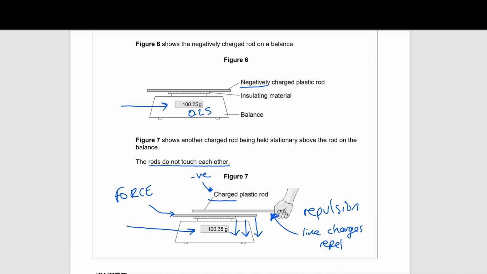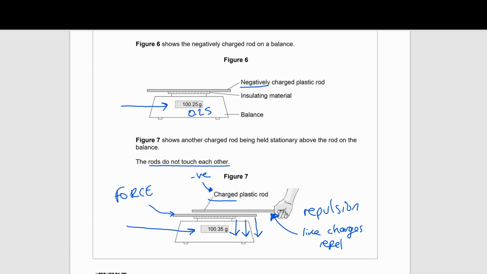Well, what are we trying to do here? We're trying to investigate whether there is some sort of attraction or repulsion by these rods. We're not necessarily interested in the specific masses of the rods.